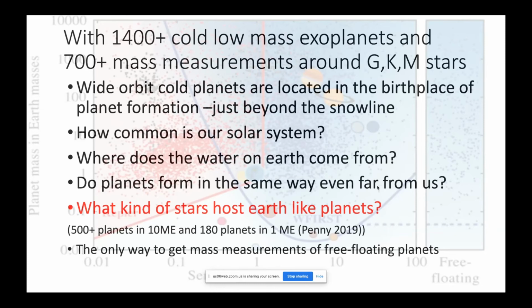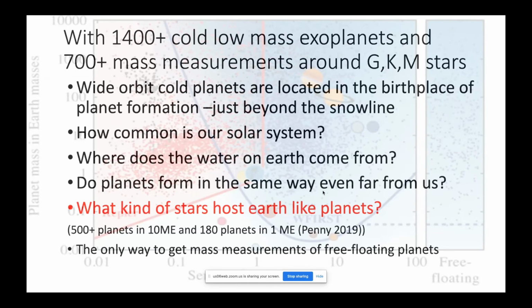I think there's a prediction that there will be about 500 plus 10 Earth mass planets, and about 180 Earth-like planets probably discovered with this method.